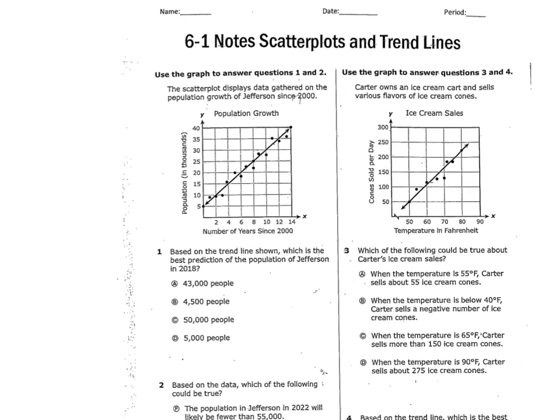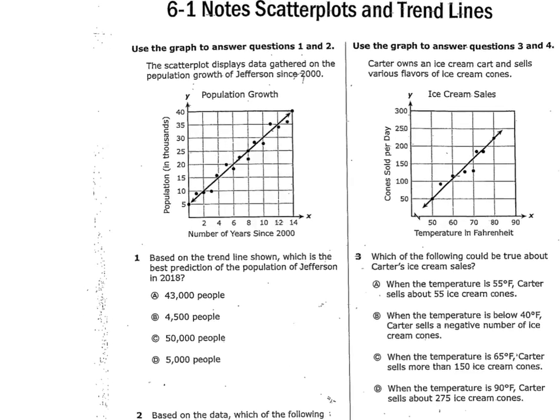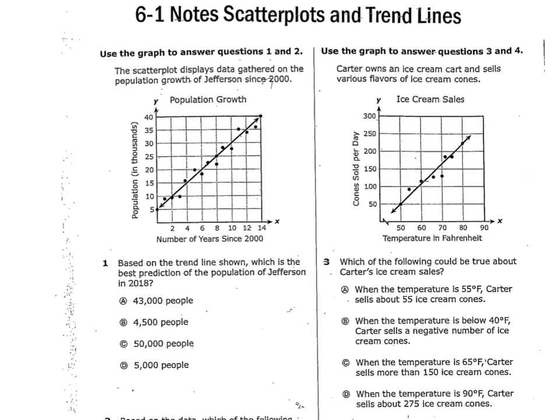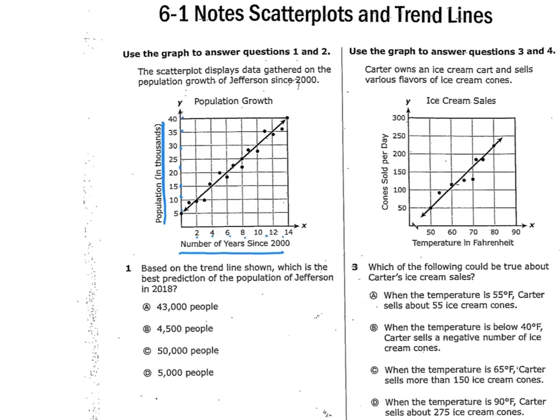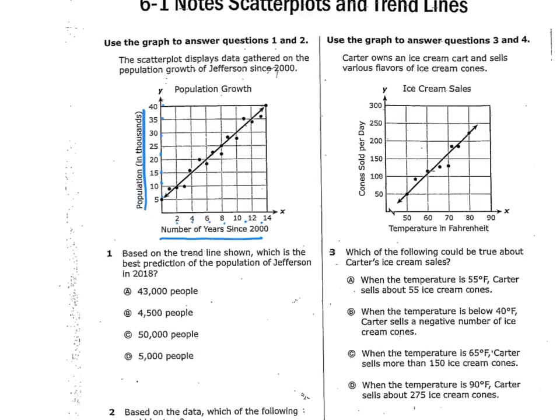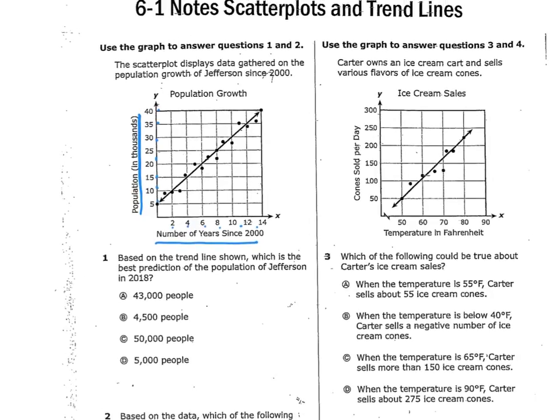Okay, on the back, we're going to use these graphs to answer the questions that follow. So the scatter plot displays data gathered on the population growth of Jefferson since 2000. So we've got the number of years since 2000, and the years increase, and our population increases. So as the years go on, the population is increasing. And so based on the trend line, which is the best prediction of the population of Jefferson in 2018?